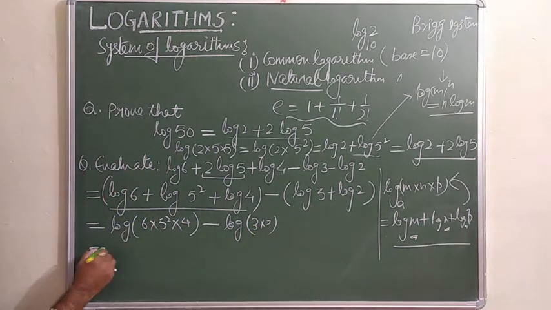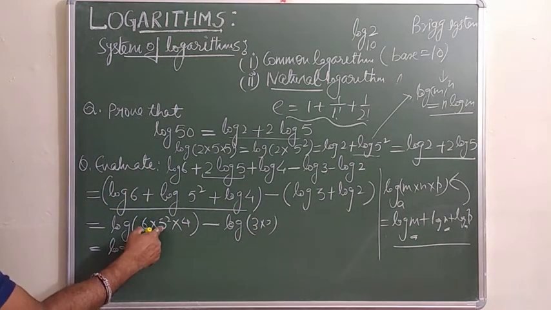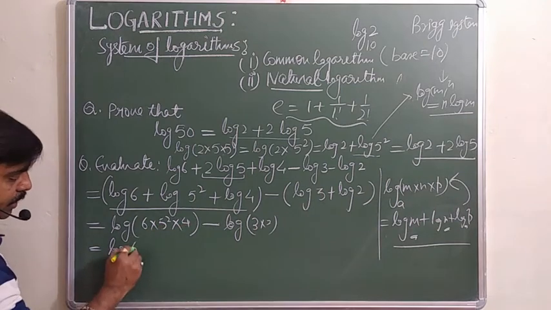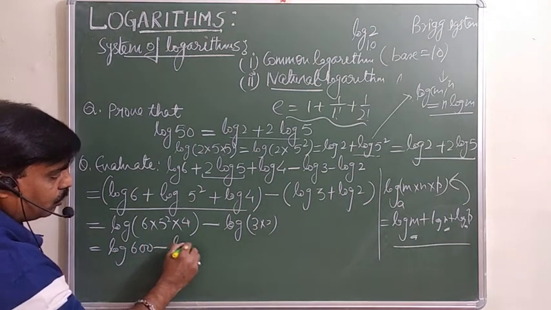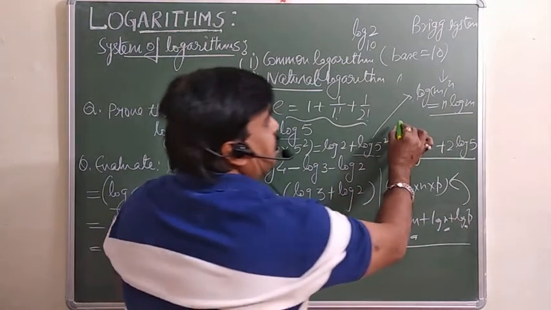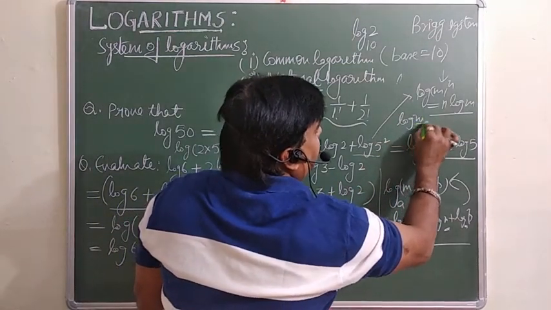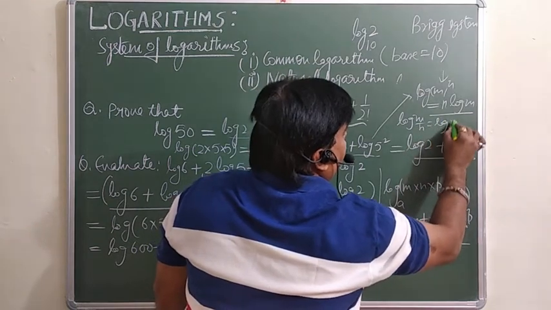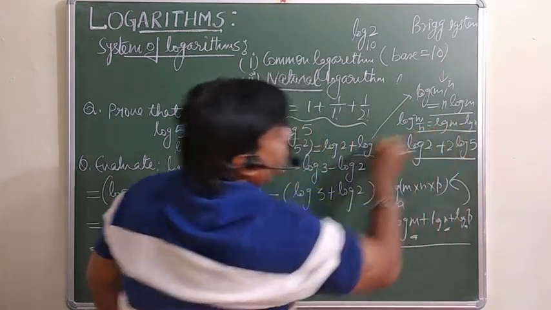Now this is equal to what? Log of 25 into 4, 100, that means 600, minus log 6. Now here again you can apply this one: log m over n is equal to log m minus log n.